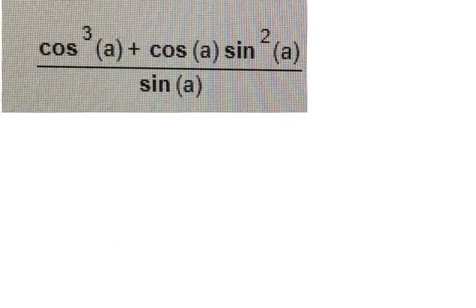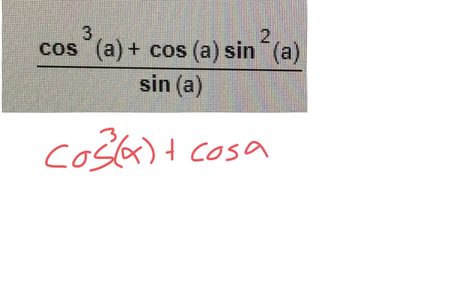What they want us to do is rewrite everything in the numerator in terms of cosine. So I have cosine cubed of alpha, and then plus cosine of alpha, and then I have sine squared.